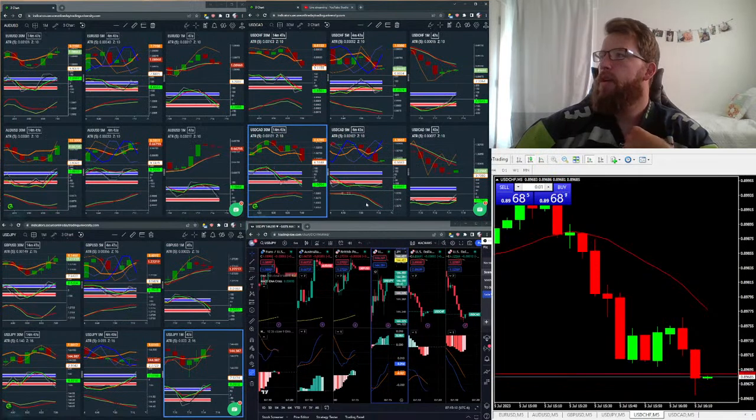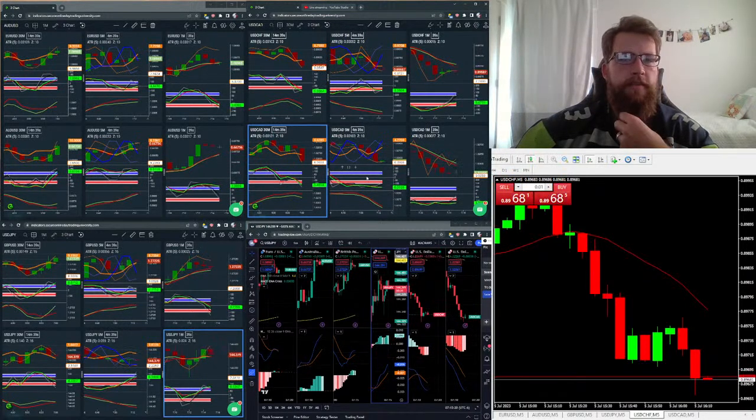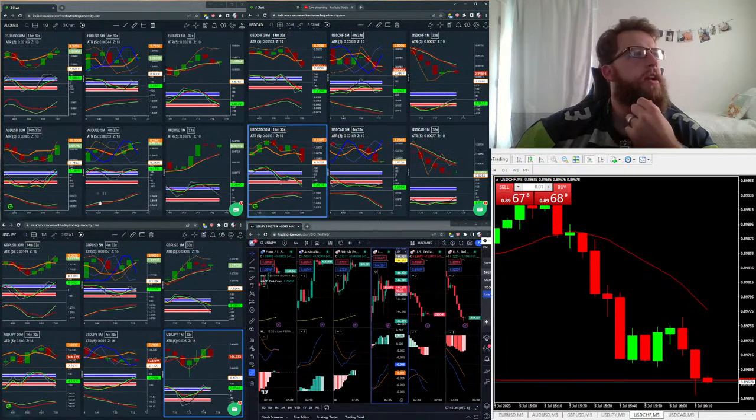So maybe waiting for some kind of pullback on the 5-minute. Let's see if there's any other. Looks like we have confluence on the Aussie now. These are now pointing up.